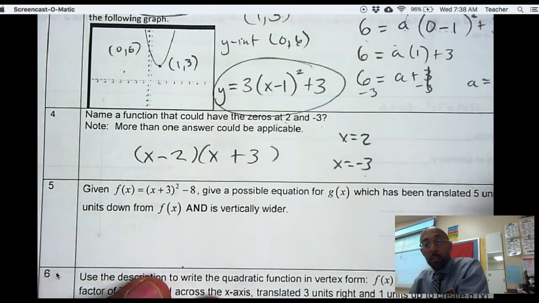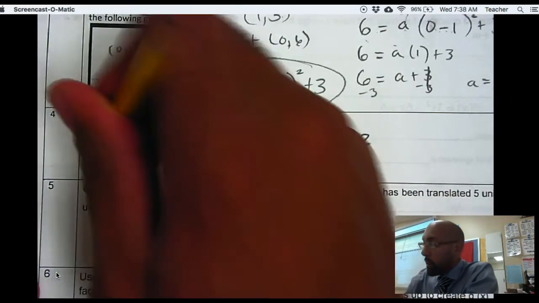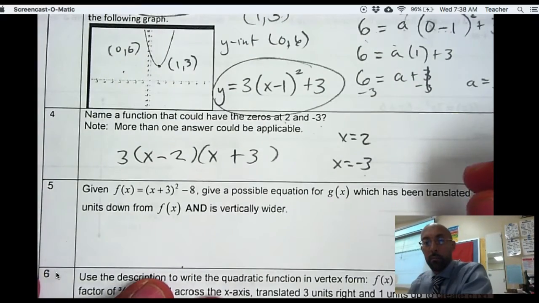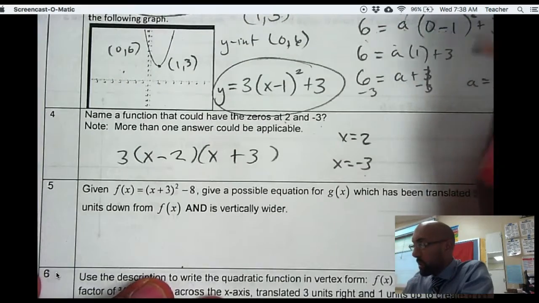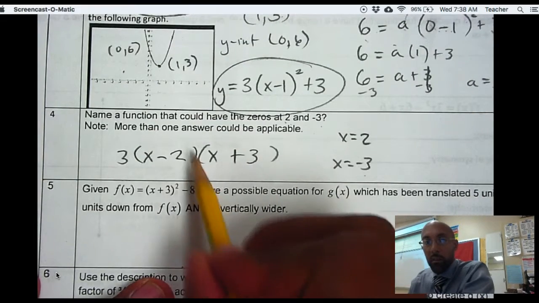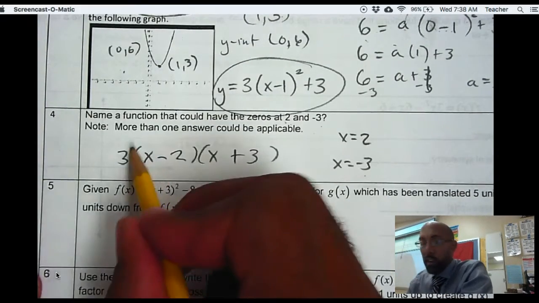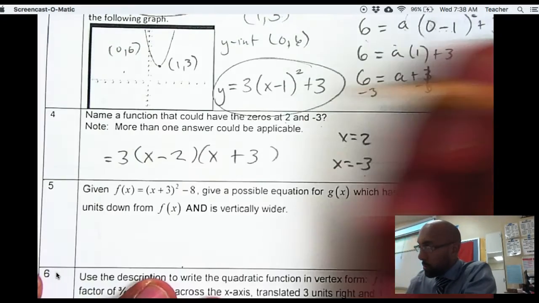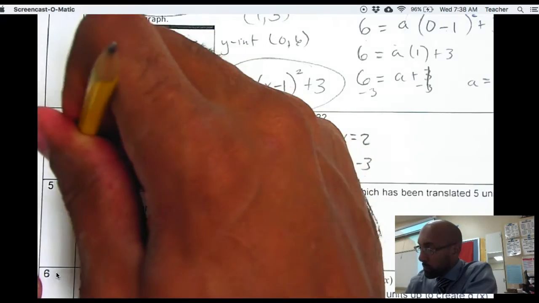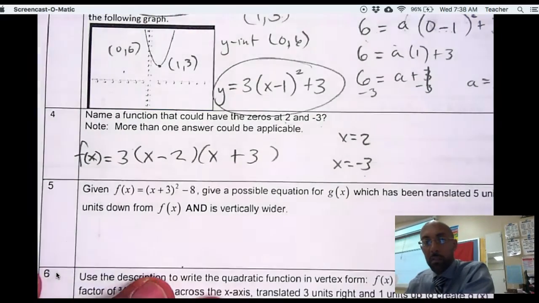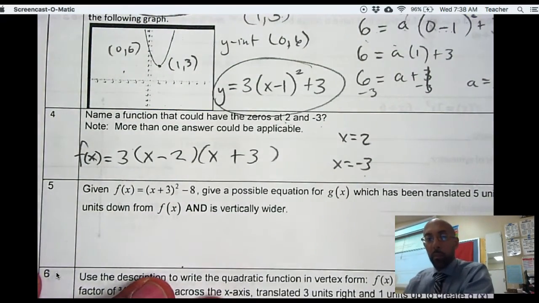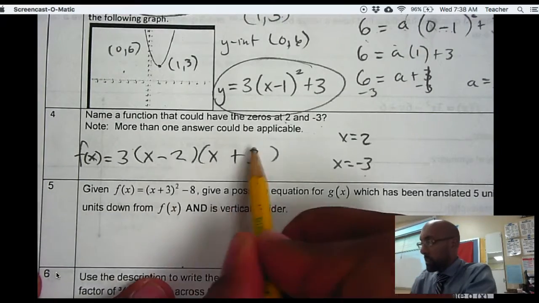So that's one possibility. Okay, or I could put a number out here, or kind of any number you want. Those are possibilities for making this, or you could put a fraction. But remember it's got to be a function, right? So we're going to put function notation, f of x equals, whatever you come up with. That's the main thing, we've got to do that.